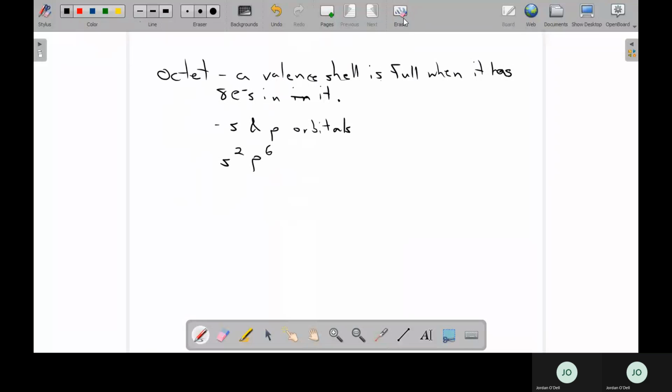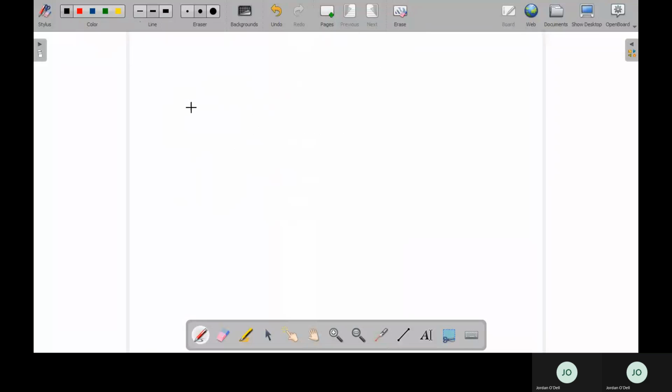Looking at our next noble gas, which is neon. We know neon is element number 10, which means I have 10 electrons. Looking at our orbital notation, we have 1s2, then 2s2, and then 2p6, which should account for our 10 electrons, because 2 plus 2 is 4, 4 plus 6 is 10.